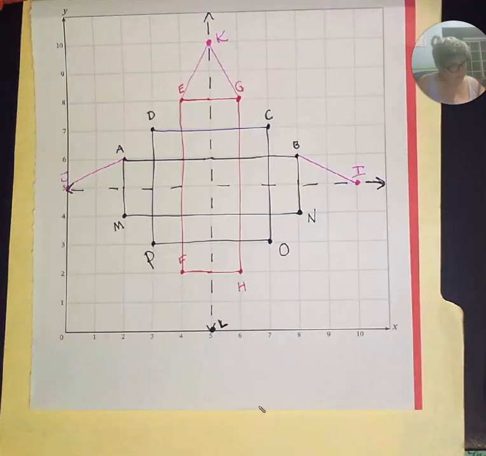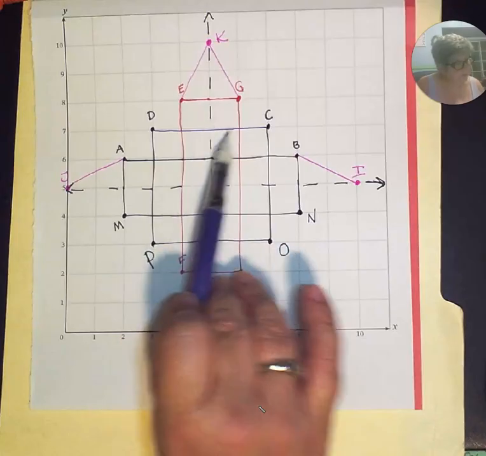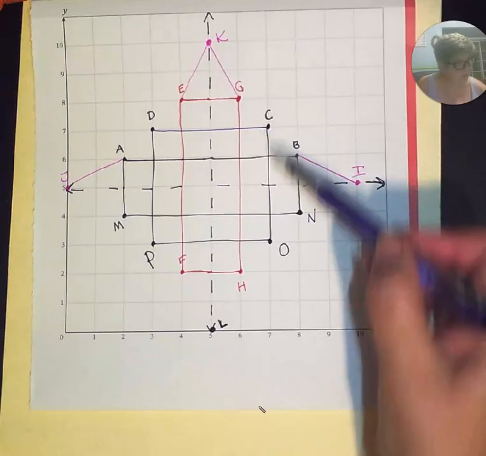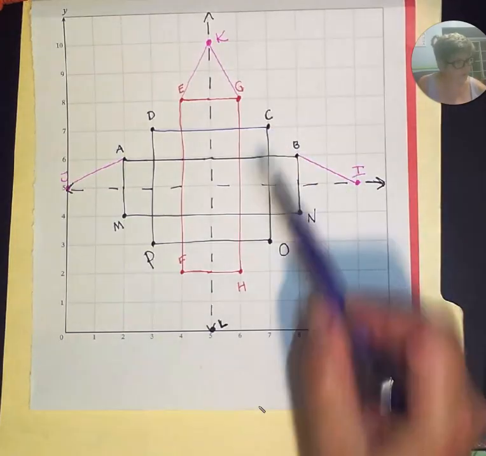What do you notice about polygon CDOP? One, two, three, 4. Okay, they're both 4. How about these? Also 4. 1, 2, 3, 4.